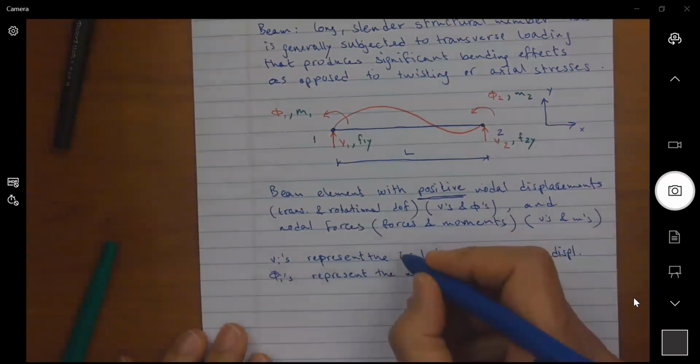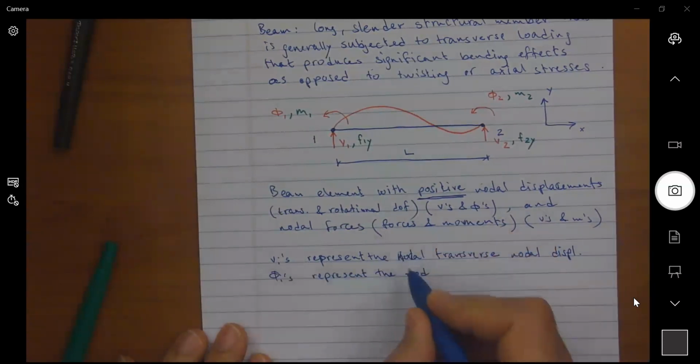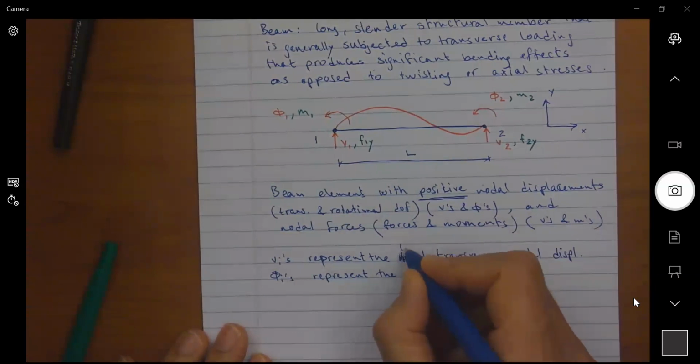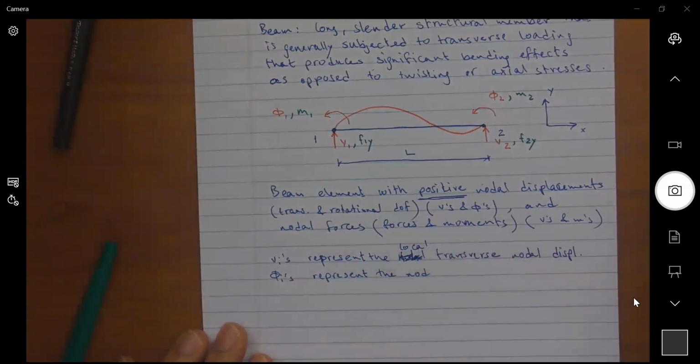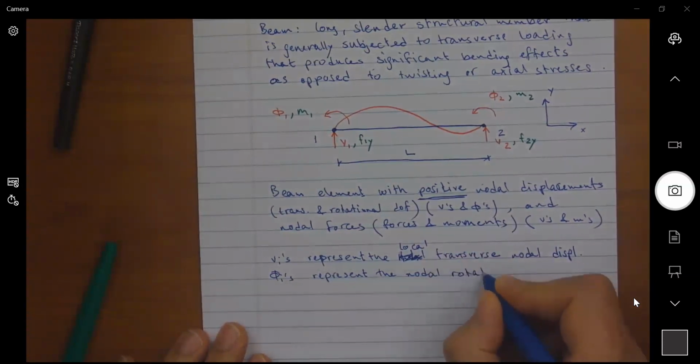For the v_i's, I really mean this is nodal, not local. So the v_i's represent the local transverse nodal displacement, and the phi_i's represent the nodal rotations.